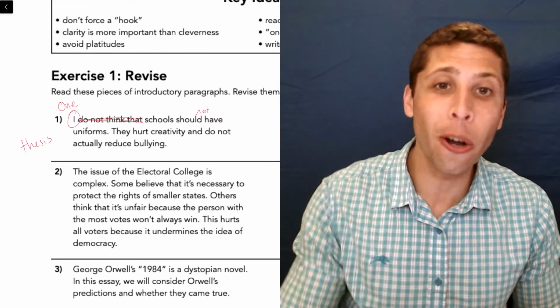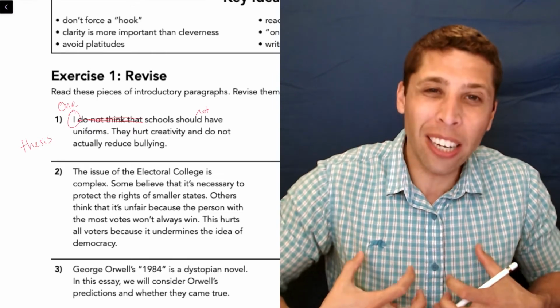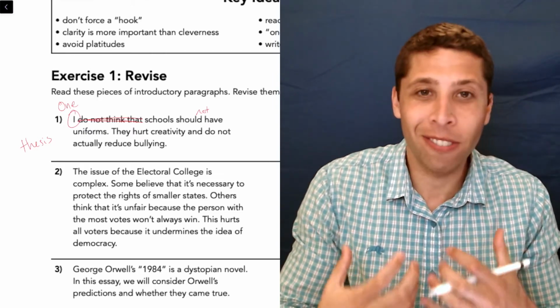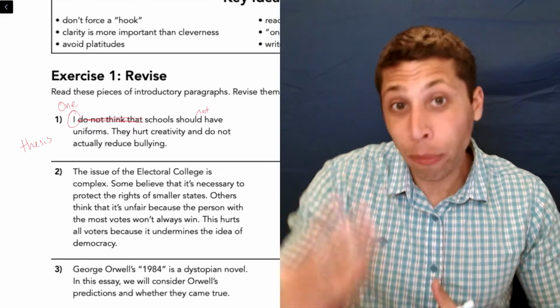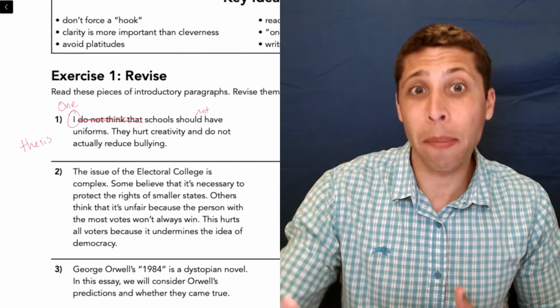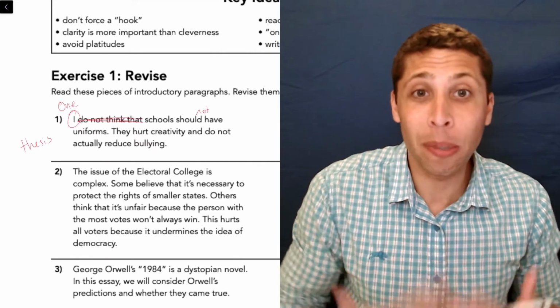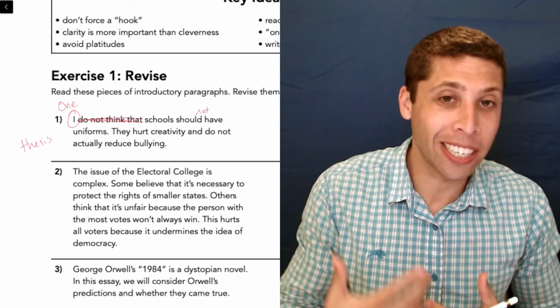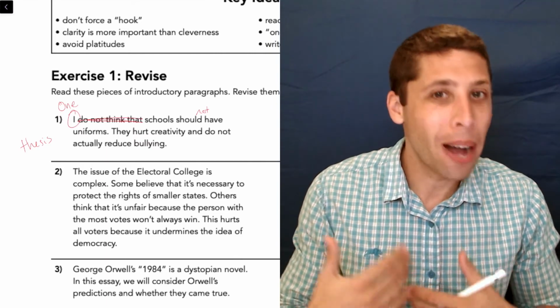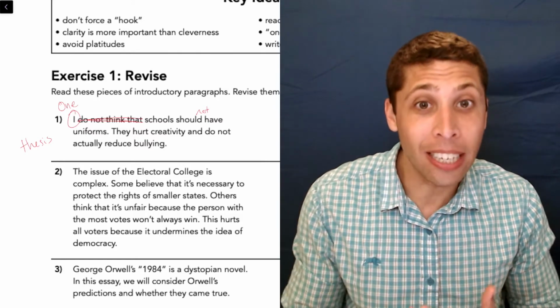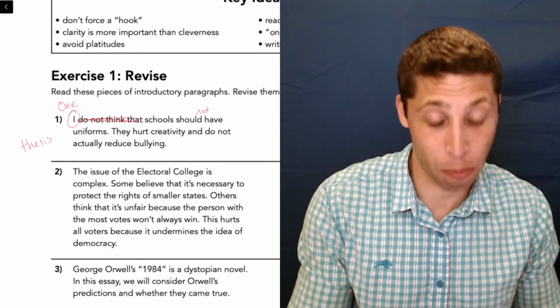Your reader knows that it's your opinion, but we've kind of strengthened it by just stating it as if it's true. And we'll use the rest of the essay, the body paragraphs, to support that, but it's our argument, it's our thesis, and we don't need to get wishy-washy with it by saying, I think, I believe. We can just get into our point of view.